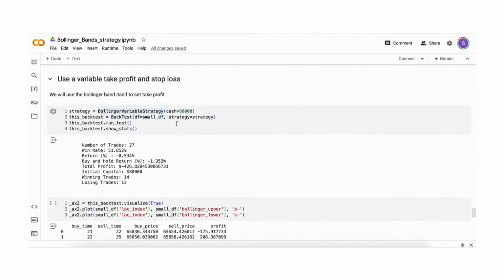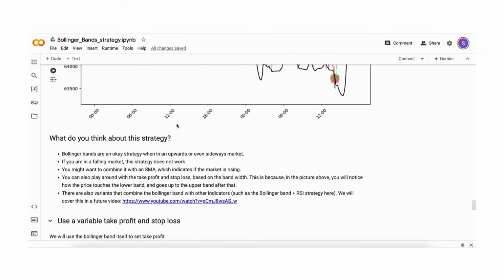So finally, what do I think about this strategy? I think using only Bollinger Bands is probably not going to give you a winning strategy. They are an okay strategy when the market is upward or even sideways.